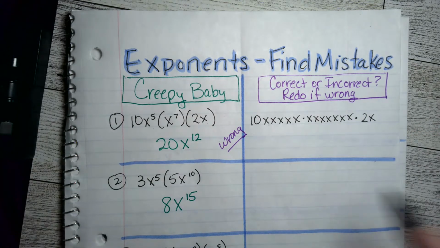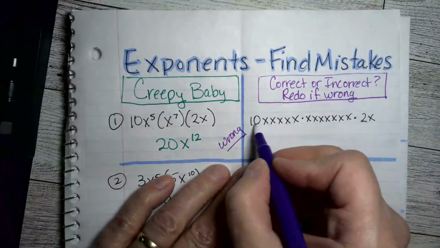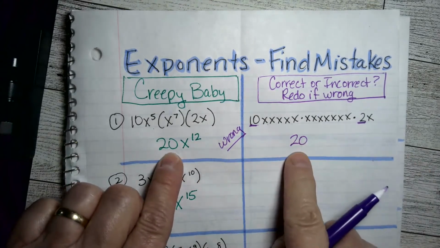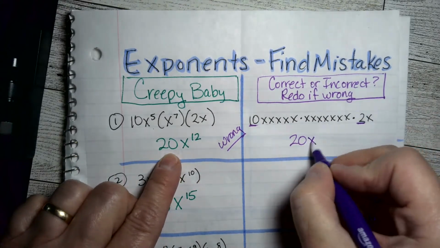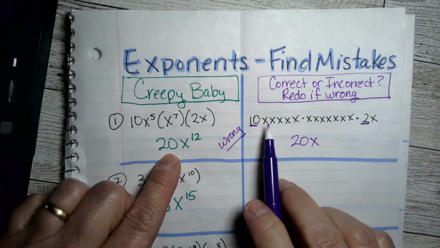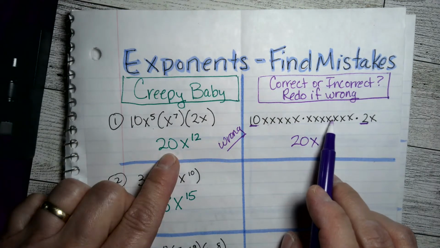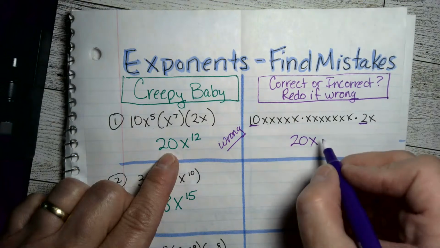So if you just do the math that you're looking at now, you have all of these numbers being multiplied together. So 10 and 2 is 20. So she got that part right. But she didn't count up the x's properly. 1, 2, 3, 4, 5, 6, 7, 8, 9, 10, 11, 12, 13.